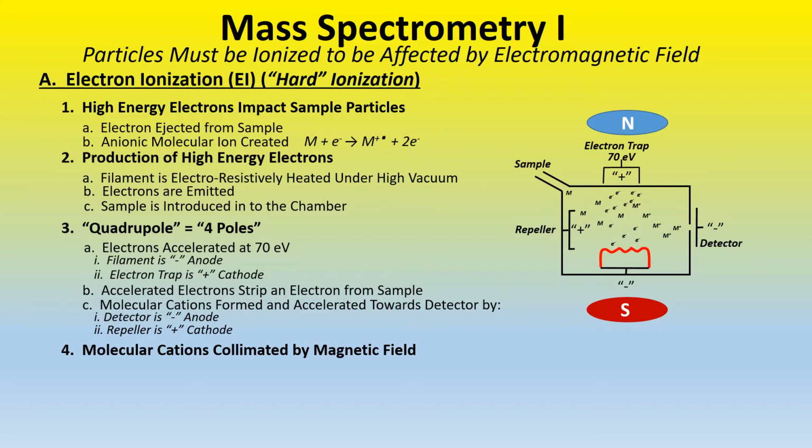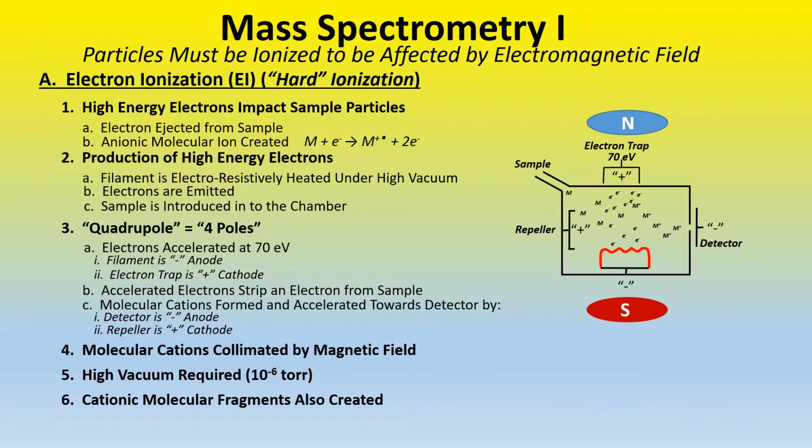In order to prevent oxidation of the filament and also to prolong the life of the cations, a high vacuum is required, generally by a turbo pump or a diffusion pump at 10 to the minus 6 torr. The force of this is actually quite large, which is why it's called hard ionization.